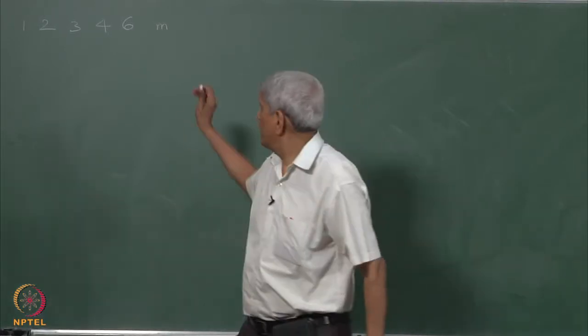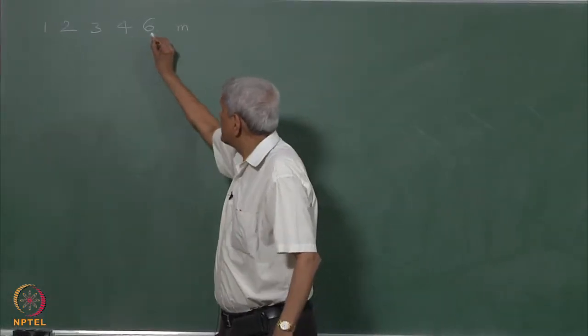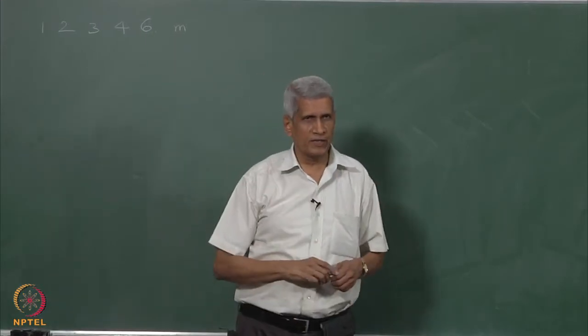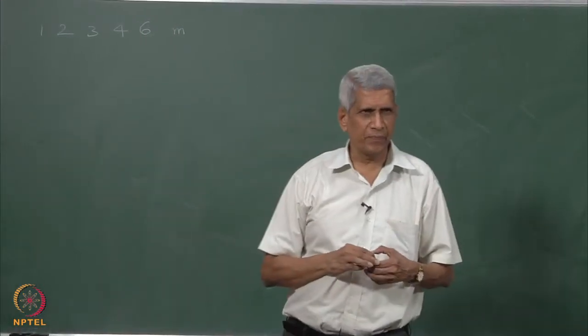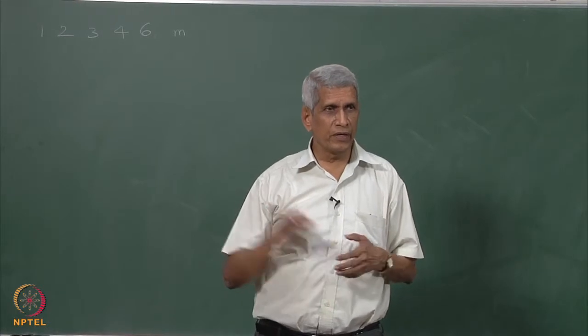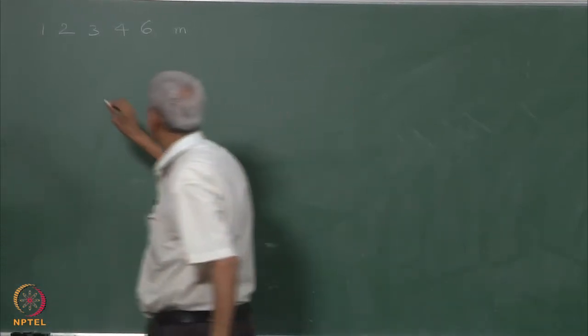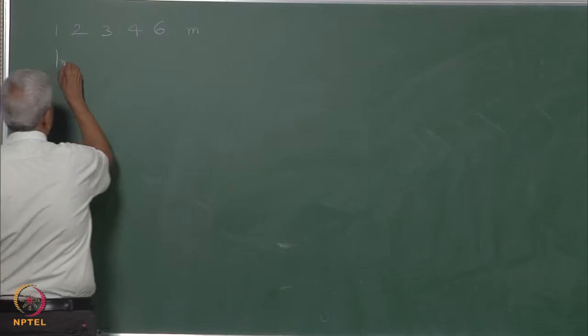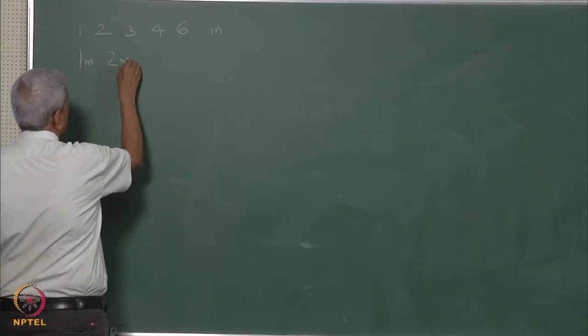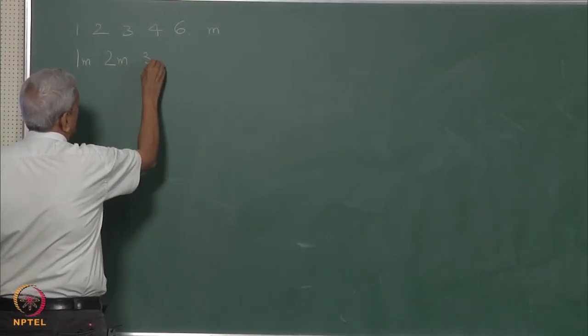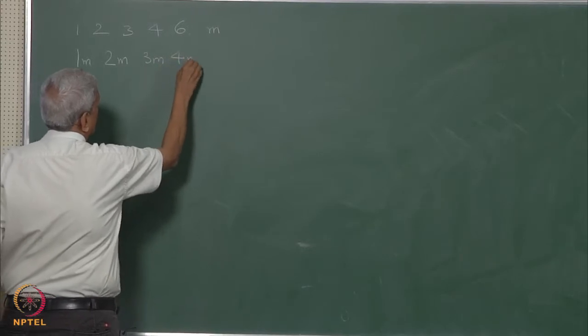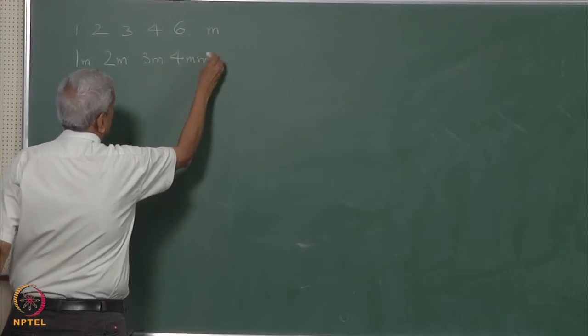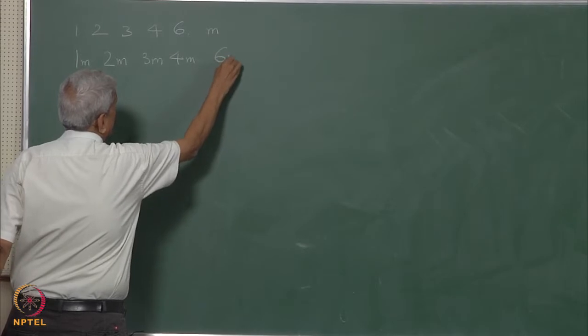We can consider combinations of these symmetry elements. In 2 dimensions, what all can we have? 1-fold and mirror, 2-fold and mirror, 4-fold and mirror, 6-fold and mirror, right.